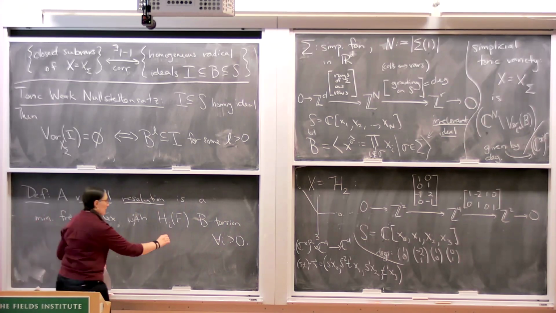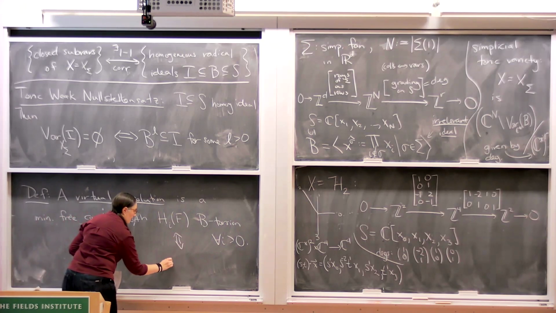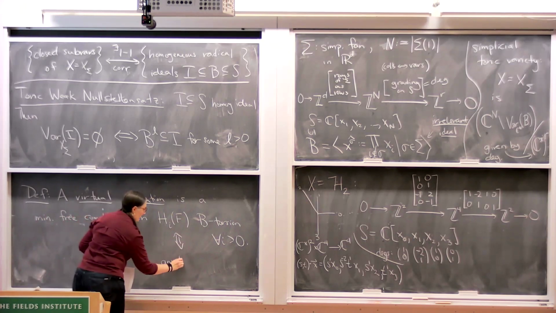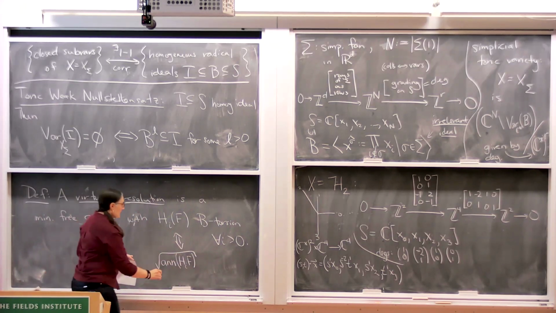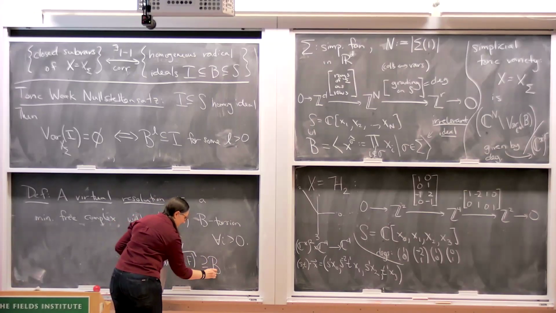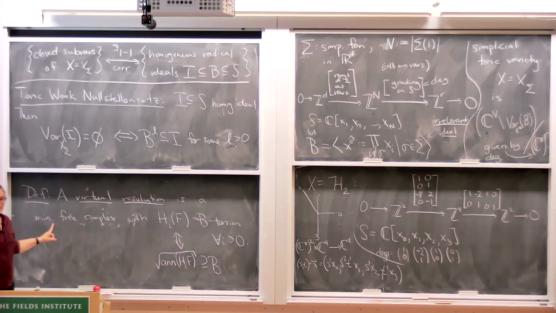What does this mean? The annihilator, I always get this backwards. The radical of the annihilator should contain the irrelevant ideal. For projective space, this isn't asking anything because the irrelevant ideal was the graded maximal ideal, the ideal of all the variables. So minimality sort of already forced this to happen.